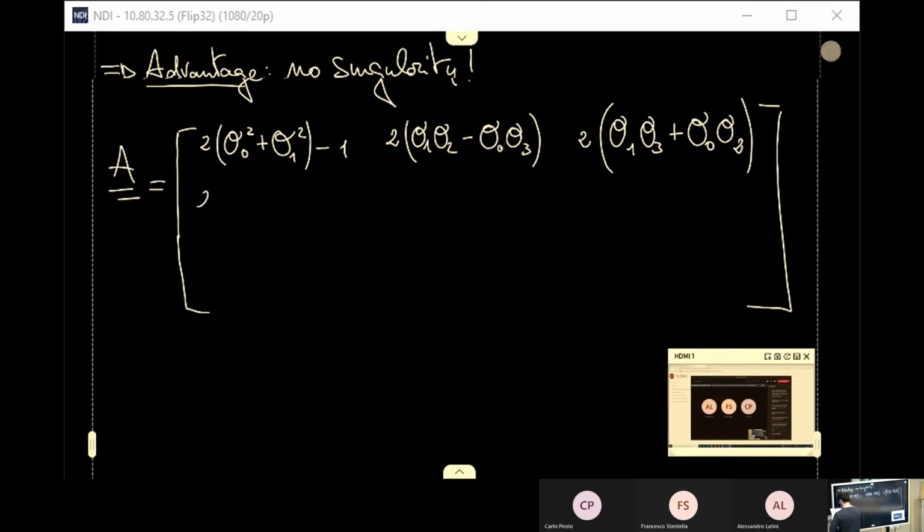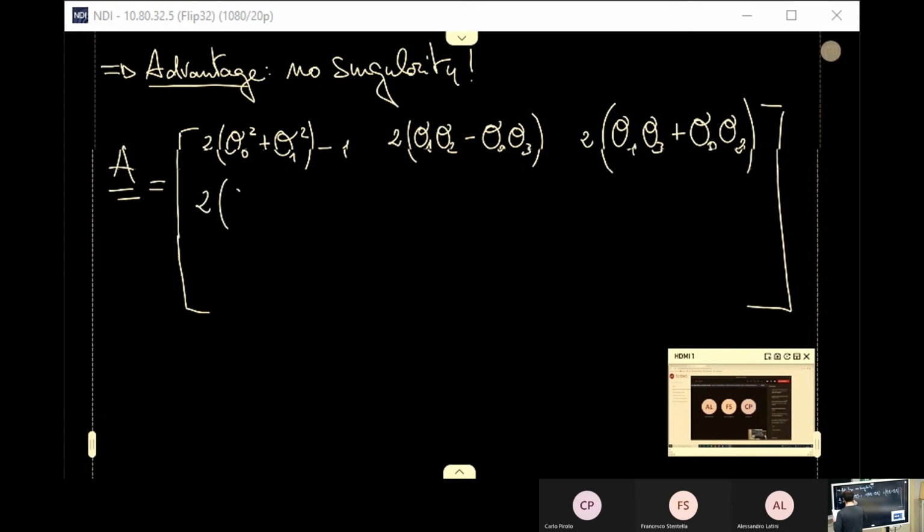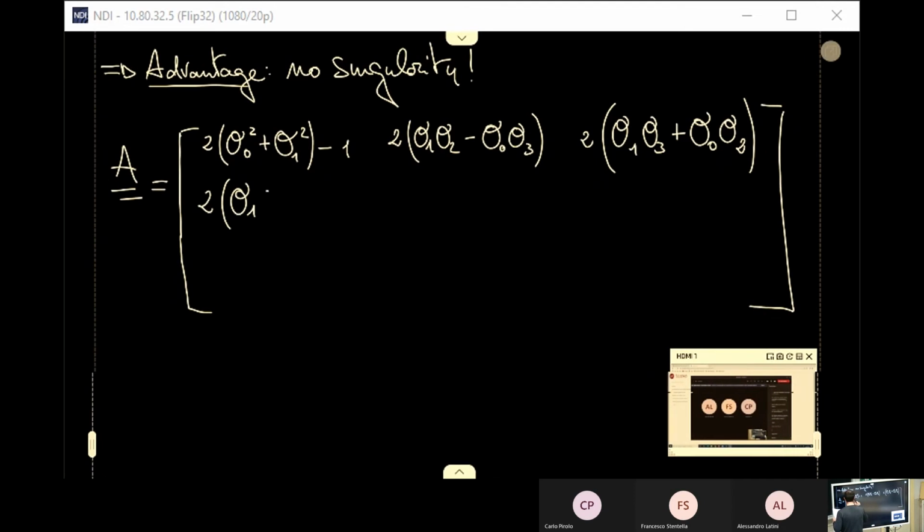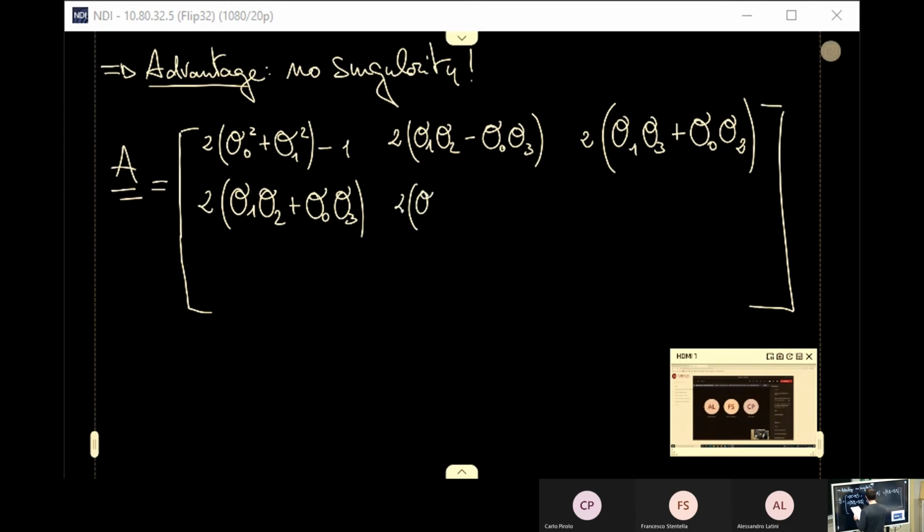All right, let's move on. We will see that this matrix also has interesting properties. We will investigate them next time.